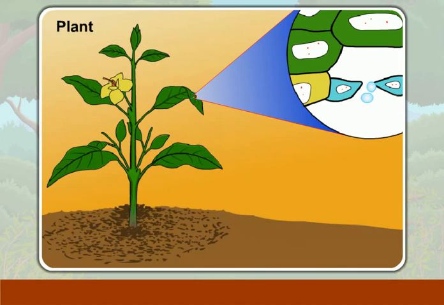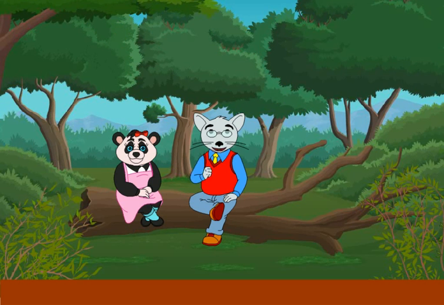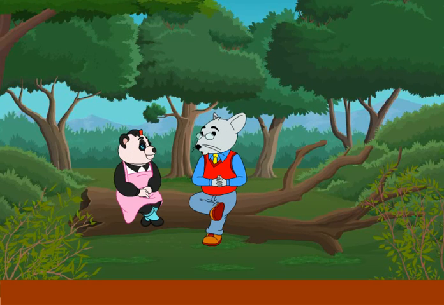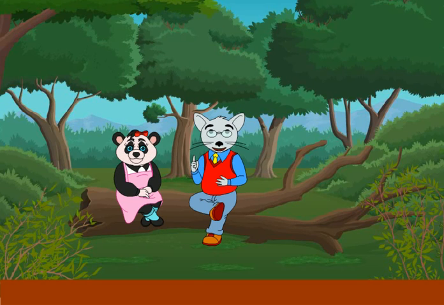A plant throws unnecessary water through its leaves. If a cactus had flat leaves, more water would evaporate out of its body, and due to the loss of water, the cactus plant would die.